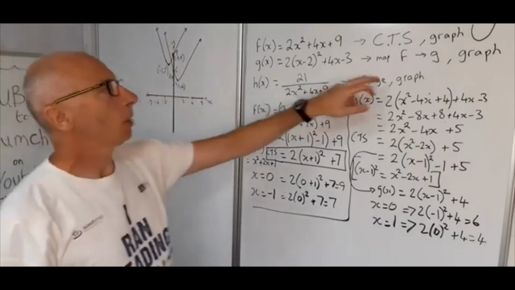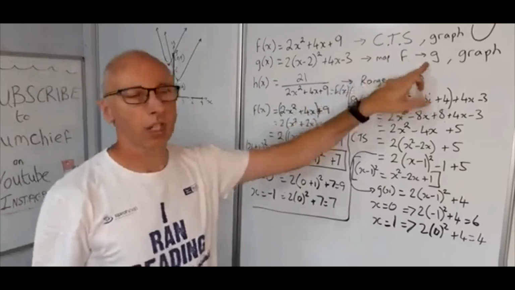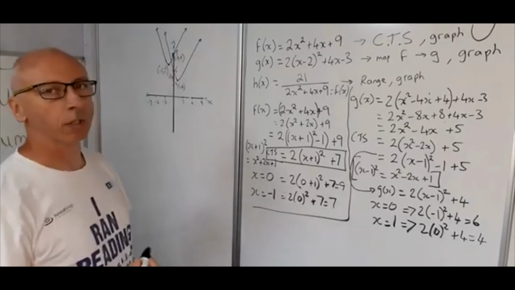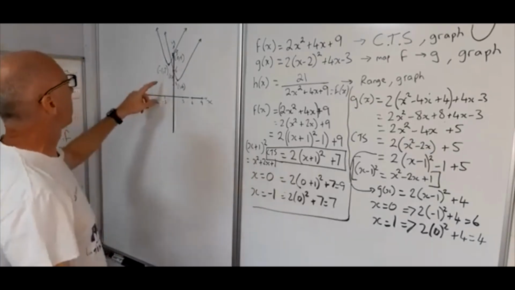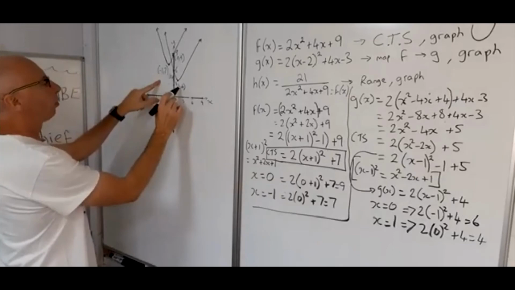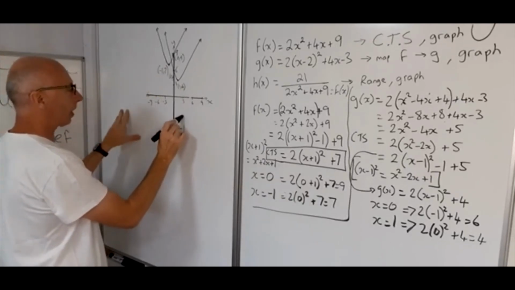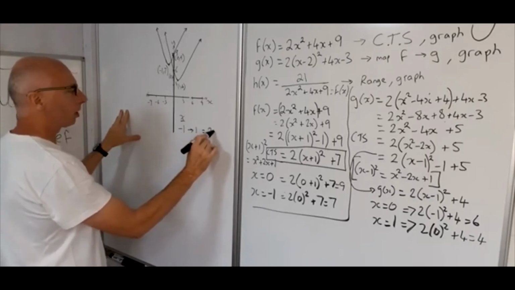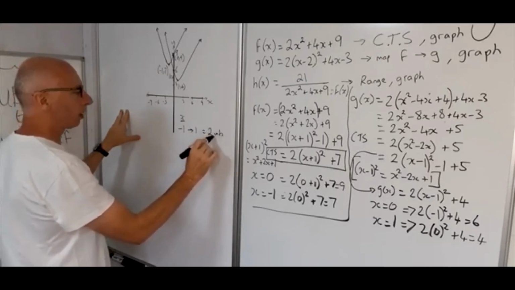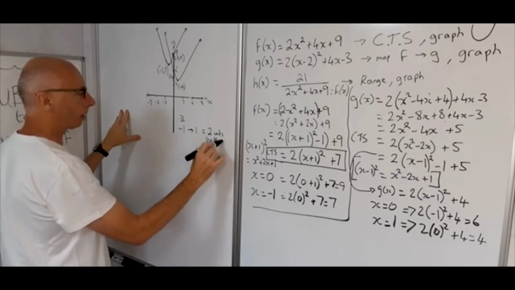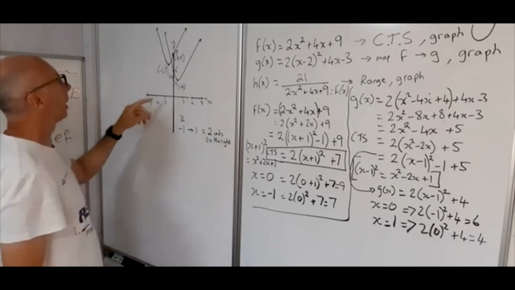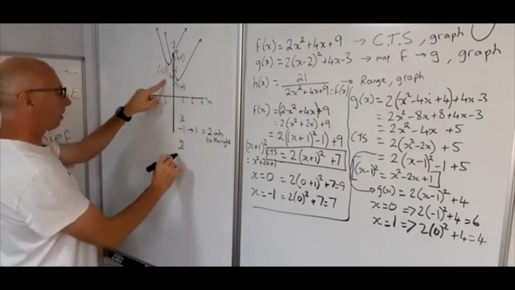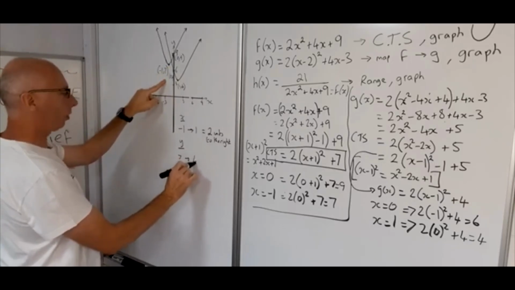Okay, but we want to know how to transform f onto g. Well, the best thing to do is look at their minimum points and see what we have to do to map one onto the other. So we got minus 1 to 1 as the x values. So for x, we want minus 1 to 1, which equals 2 units to the right. And for y, let's just write that here. So for y, 7 goes to 4.